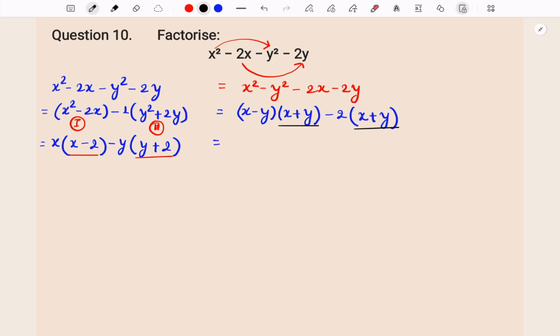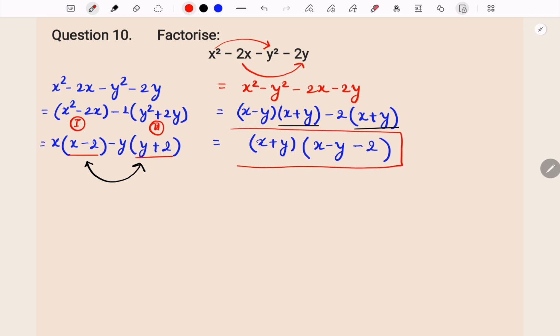We did not have any common factor here, but when we regrouped the middle terms, we have a common factor now. So let's factor out x plus y. If you factor out x plus y, you will have x minus y here and minus 2 from here. So this would be the final answer.